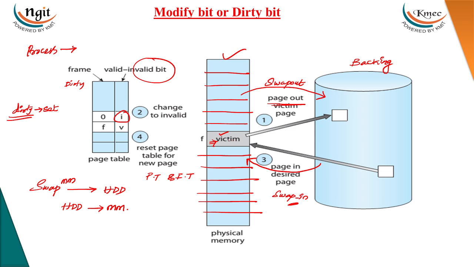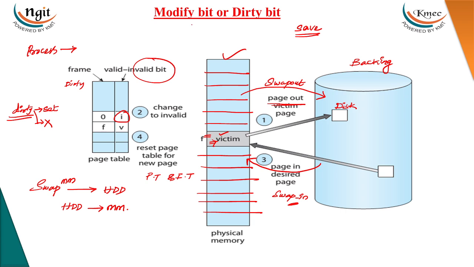If the contents of this page have been modified, before swap out, before transferring that page from main memory to hard disk, we need to save its changed contents to disk. If the dirty bit is not set, what does that mean? There are no modifications in this page while it was in main memory, so we can simply swap it out from main memory to disk.